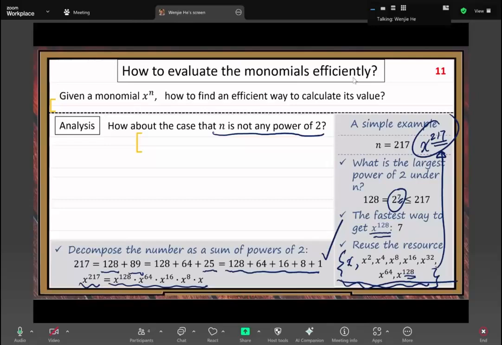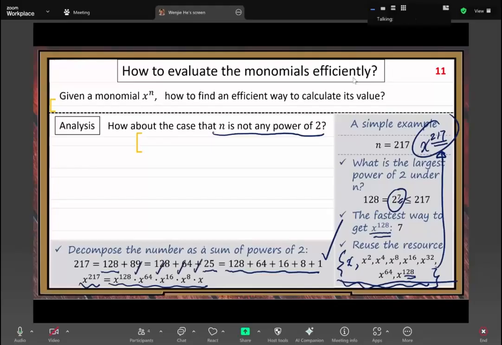Second, x to the 64th. Third, x to the 16th. Next, x to the 8th, and x. How many multiplications do you do here? 1, 2, 3, 4, right?